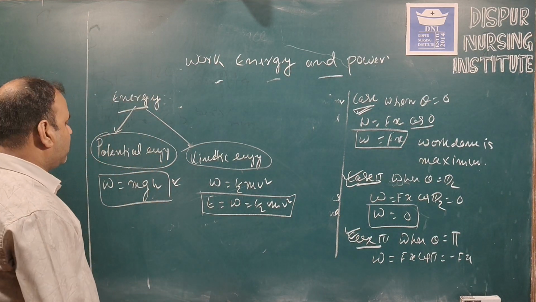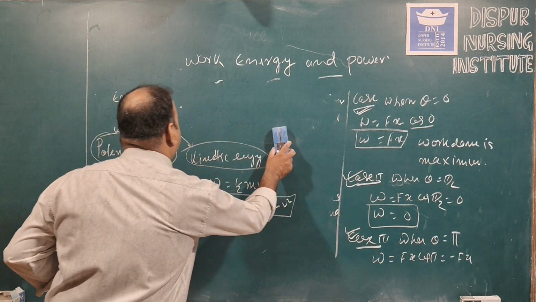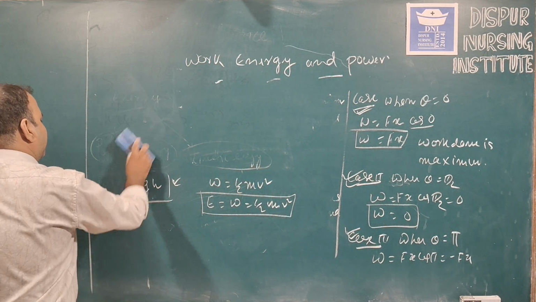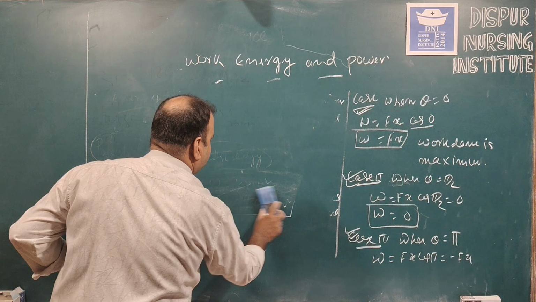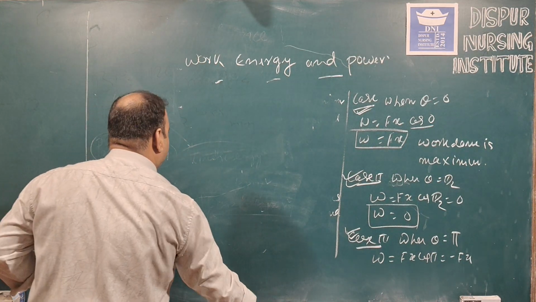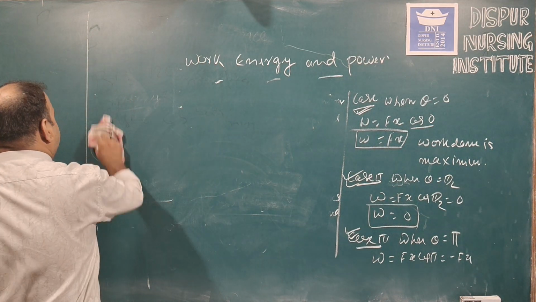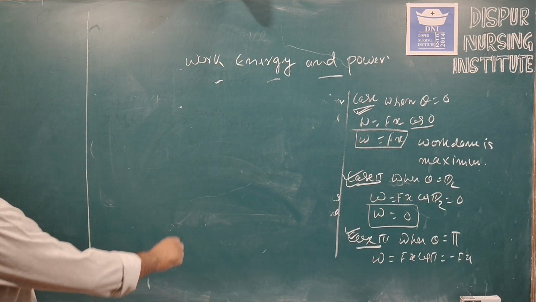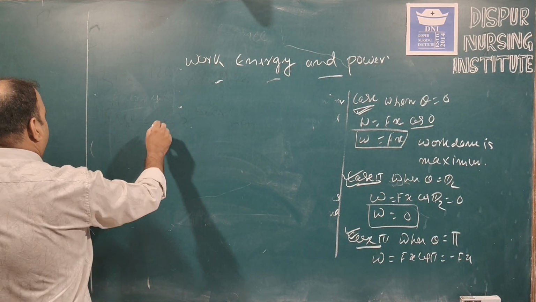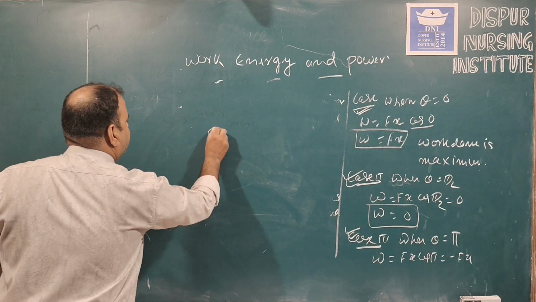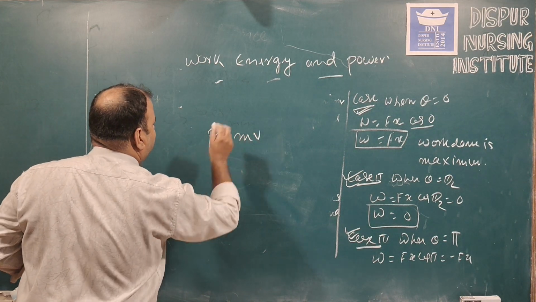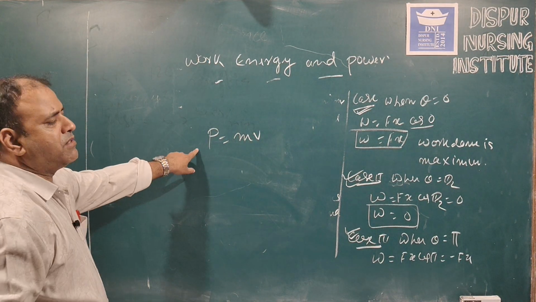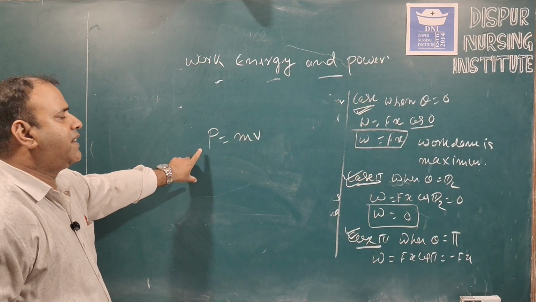Next you can see the relation between kinetic energy and momentum, how the kinetic energy is related with the momentum. Momentum I have already discussed earlier. You remember momentum means the product of mass and velocity of a body. This is called momentum, and it is represented by mv. So how is this momentum related with the kinetic energy?